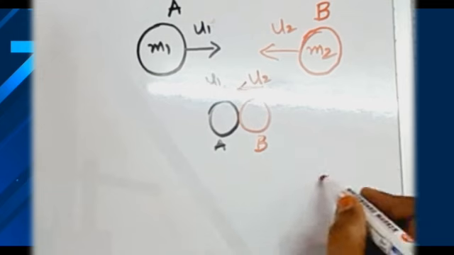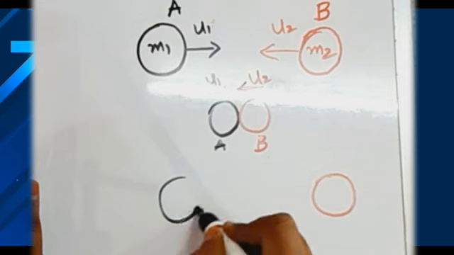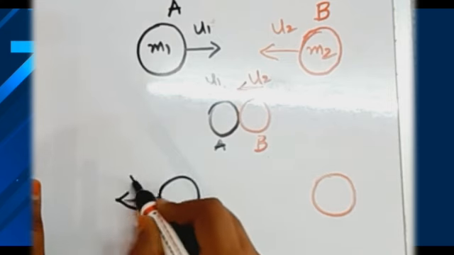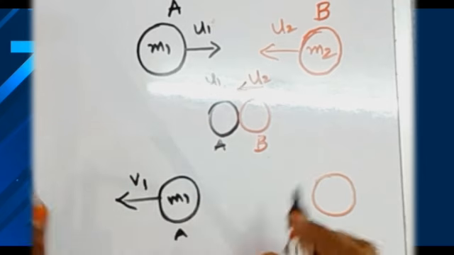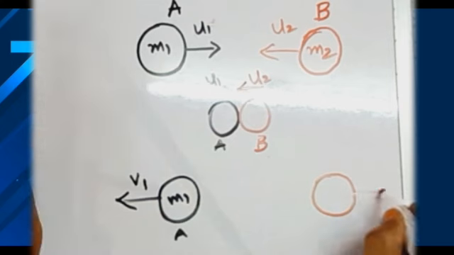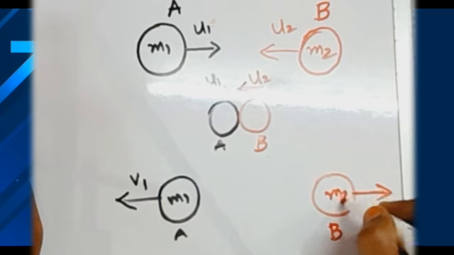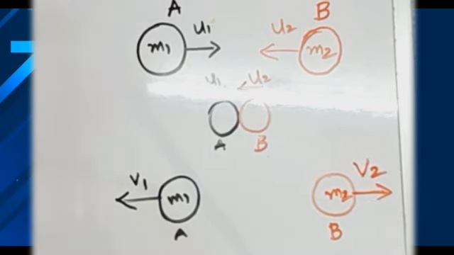Both of the balls move in opposite directions. With the final velocity, ball A has V1 and ball B has V2. I think you all understand.